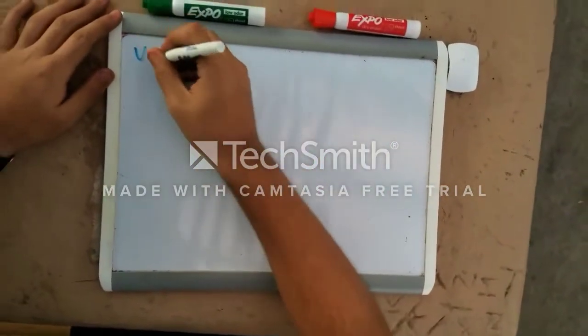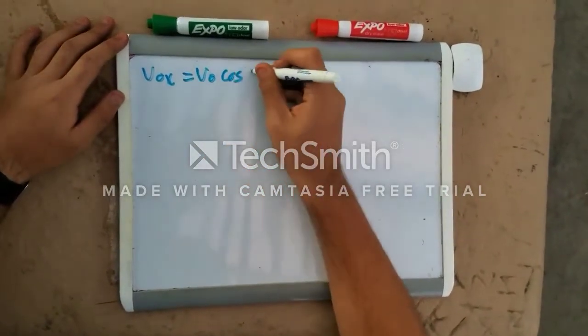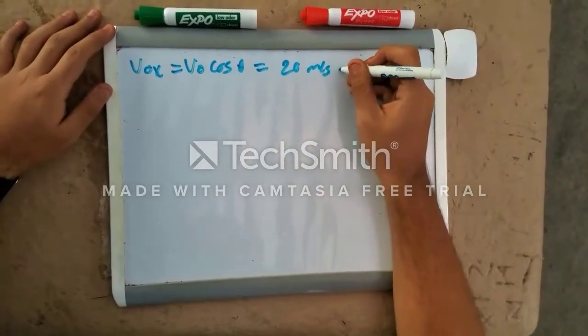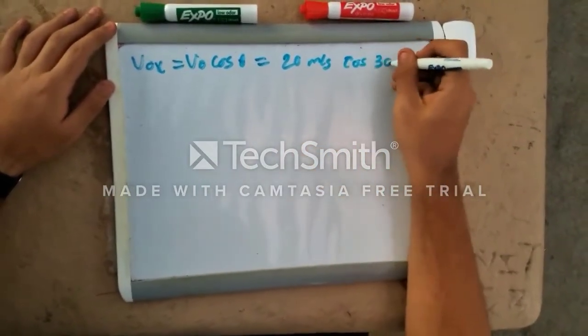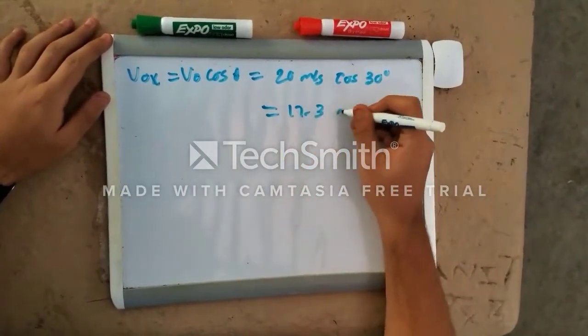To find the initial velocity on the x-axis, we need to do v initial cosine of theta, which is 20 meters per second times cosine 30 degrees, and that equals 17.3 meters per second.